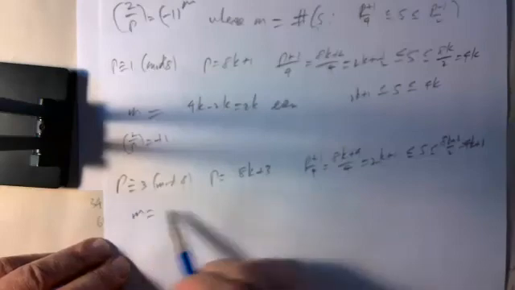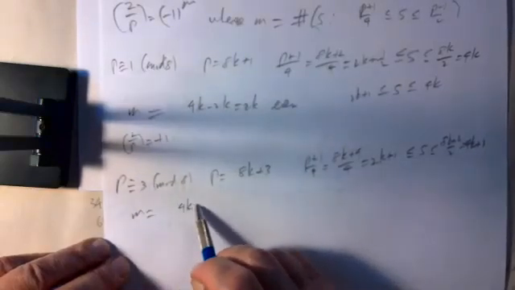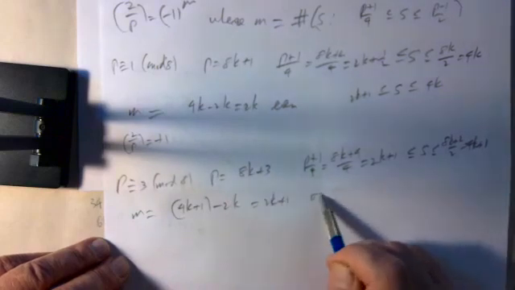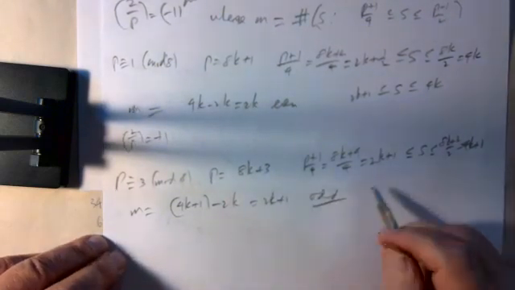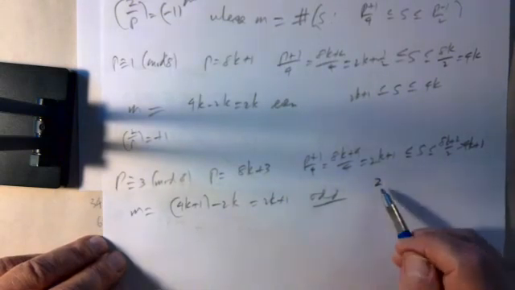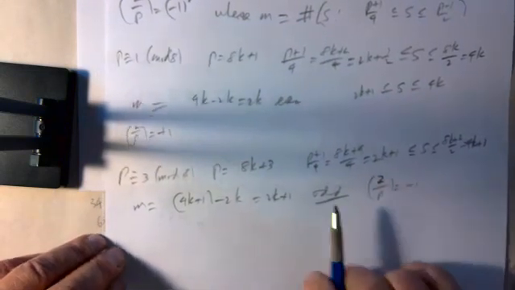So m is equal to 4k+1 minus 2k, which is 2k+1, which is odd. So for primes that are congruent to 3 mod 8, (2/p) is minus 1.